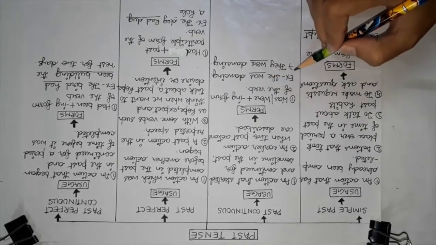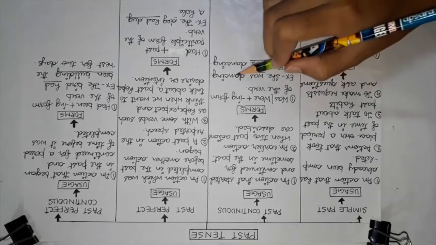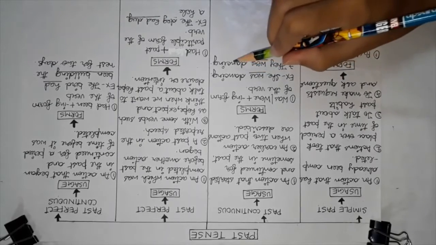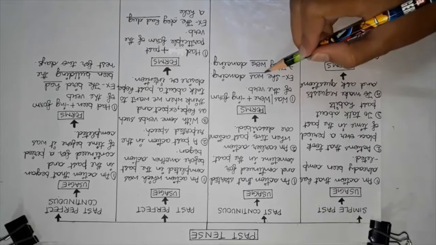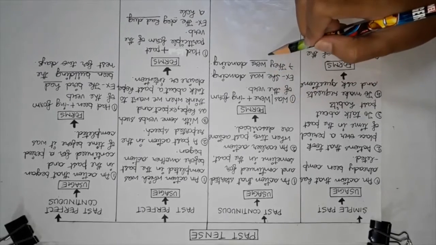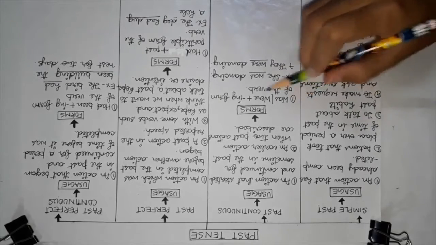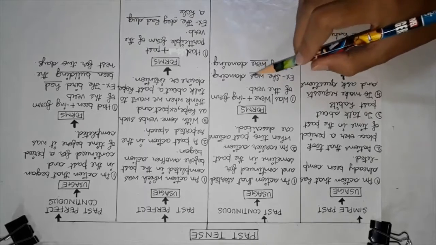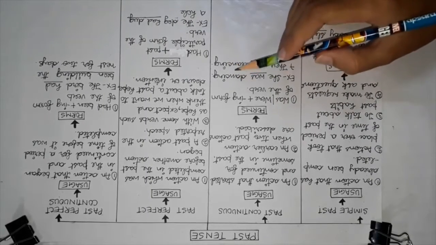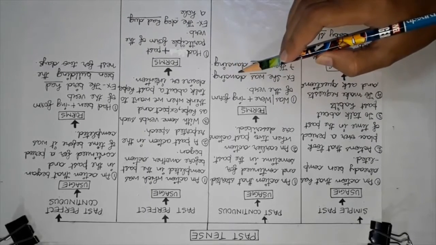For example, she was dancing. They were dancing. So in this, we have taken was in the first sentence and were in the second. At a time, we only have to take one, either was or were, depending upon the subject. Was plus dance, that is base form of the verb plus ing form.